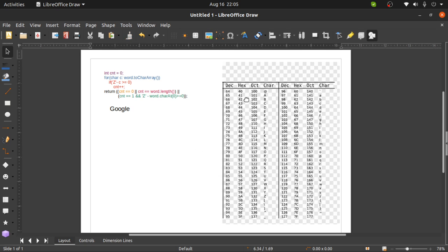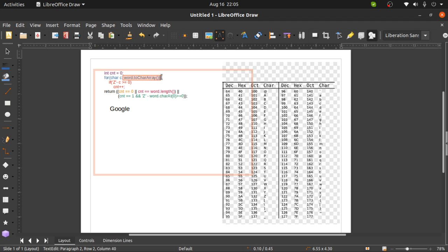So the idea is if I walk through the word using a character array and do an if check, if Z minus the character is greater than 0, then that should be uppercase. This is the idea. So for character C in word.charArray, so that we can walk each character, if Z minus C is greater than or equal to 0, if it's uppercase Z, that will be 0.